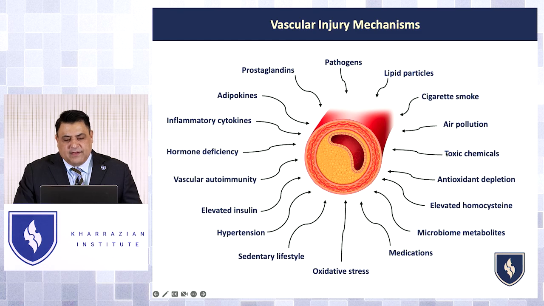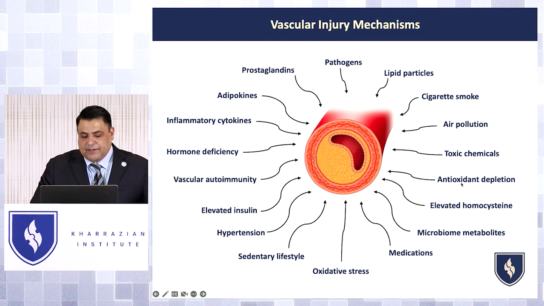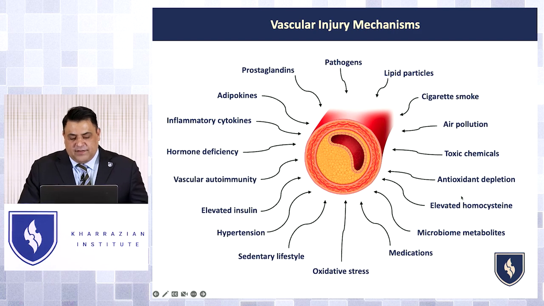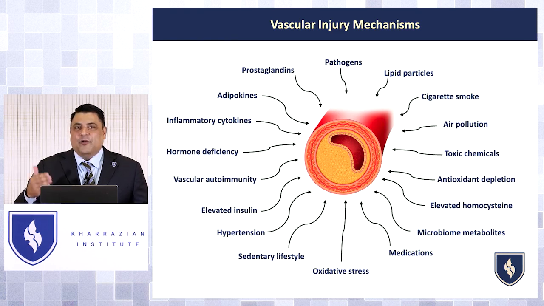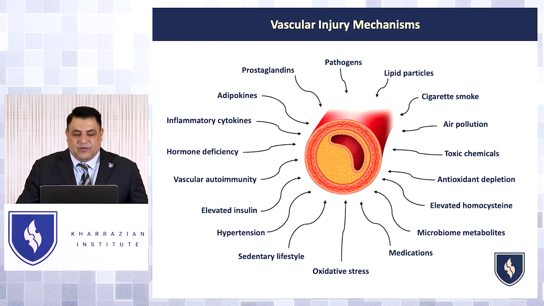So when you look at things like cigarette smoke, air pollution, toxic chemicals, antioxidant depletion, elevated homocysteine, micrometabolites, medications, oxidative stress, those are all things that cause genome instability. Those are all the things that cause telomere attrition. Those are all the things that cause mitochondrial uncoupling.